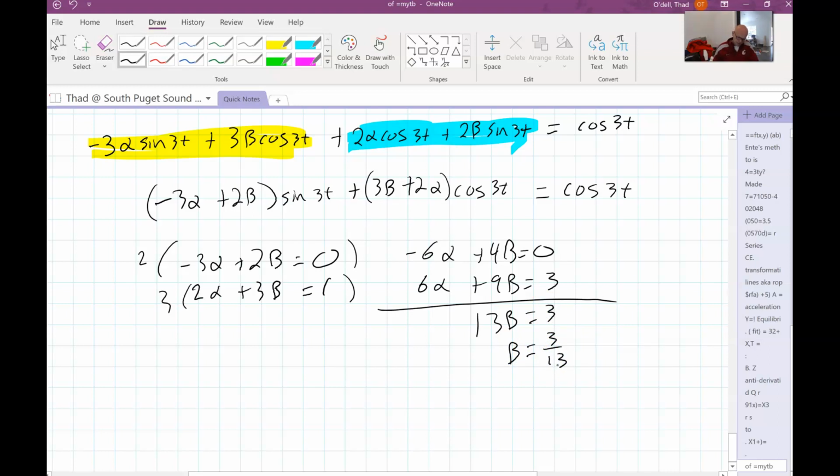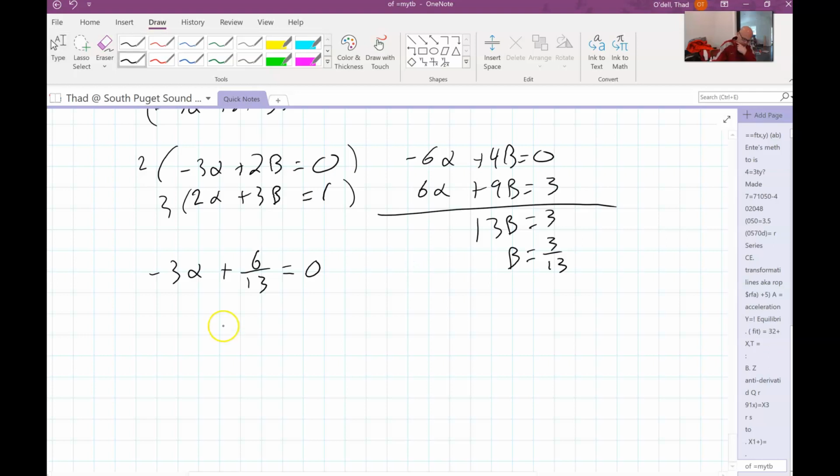Nifty. Then if I plug that in over here, I get negative 3 alpha plus 2 times 3 over 13, 6 over 13, is equal to 0. So that means that negative 3 alpha is equal to negative 6 over 13. If I divide both sides by negative 3, I get alpha is equal to 2 over 13.